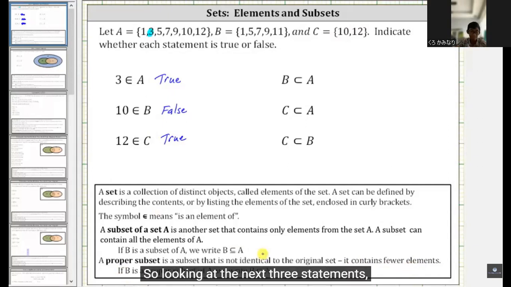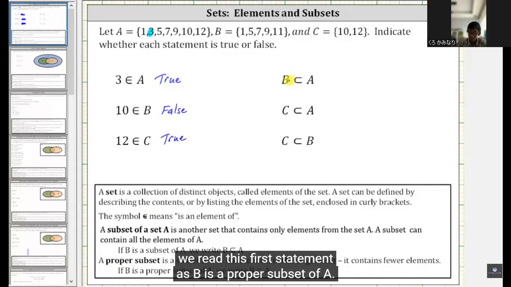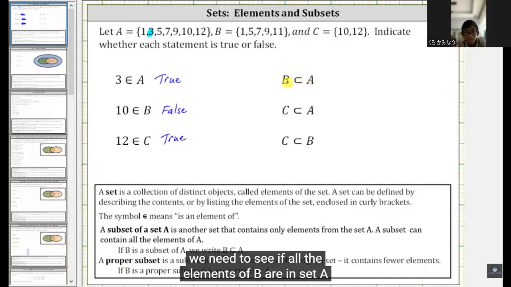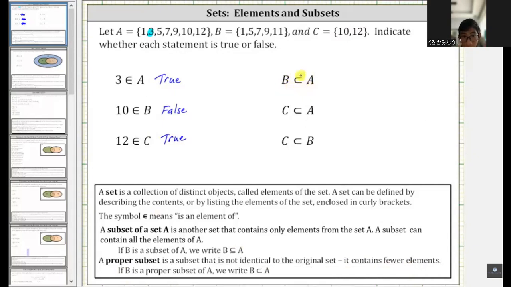So looking at the next three statements, we read this first statement as B is a proper subset of A. To see if this is true or false, we need to see if all the elements of B are in set A and the two sets cannot be the same.